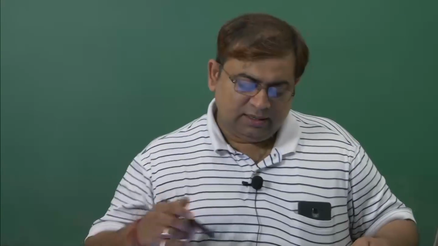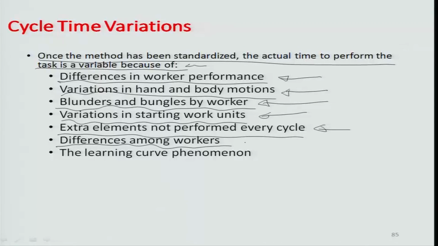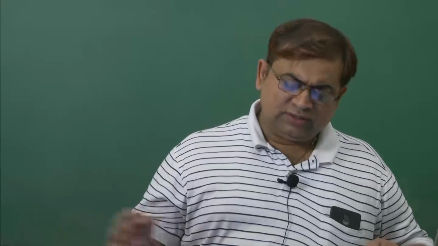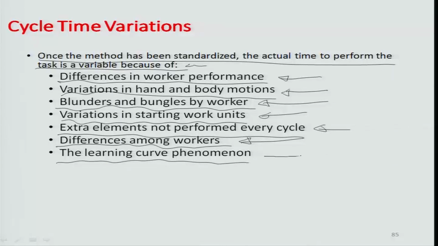There are many subtle differences and major differences between workers. Every worker may not have an equal amount of attitude or skill level to work, and therefore a worker may be a slow worker or a fast worker. Okay, and then there is of course a learning curve phenomenon. Supposing somebody is new, has taken up a particular line in a particular station, the person may not be very organized to learn.